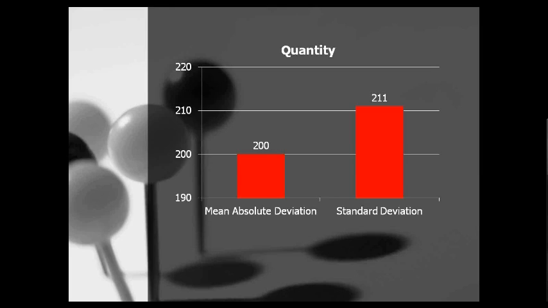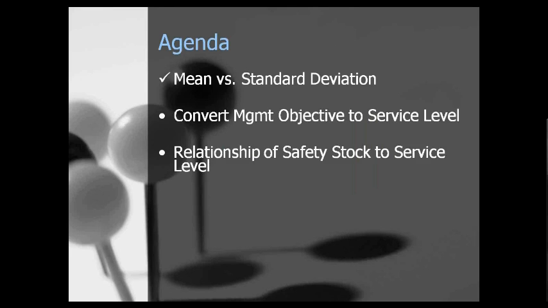For the sake of the rest of this presentation, we'll be using standard deviation. So, at this point, now we've covered mean versus standard deviation. Now we're going to look at how you take a management objective and convert that into numerical service level.